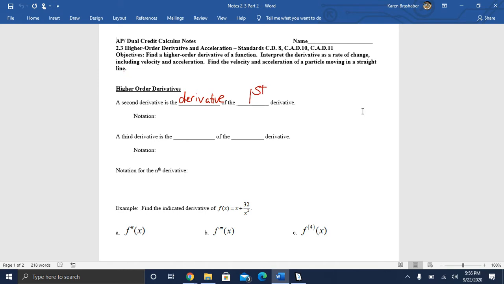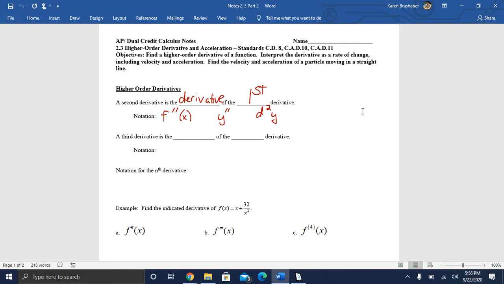And the notation for this probably won't be too surprising. It will be f double prime, and that's actually how you say it. So you could have f double prime of x, you could have y double prime. If you use the dy dx notation, which you will need to be familiar with for a second derivative, it almost looks like an exponent.